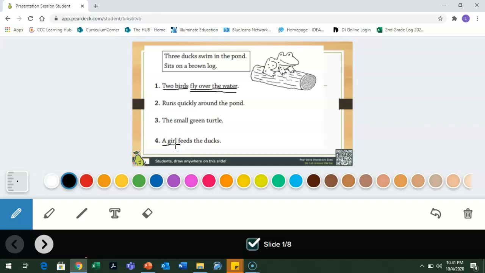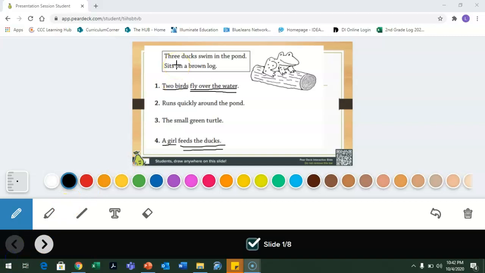Now, let's find out the predicate. What is the girl doing? Get ready. Yes, she feeds the ducks. So I'm gonna make 2 lines on the predicate. And look, we have 2 complete sentences and 2 run-on sentences because they're not complete.